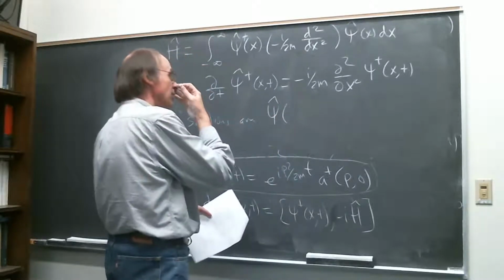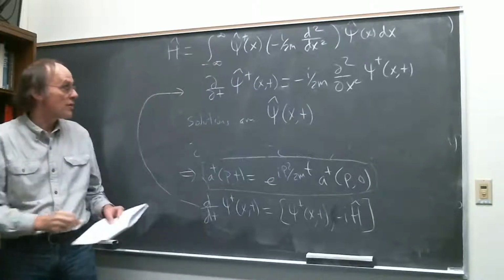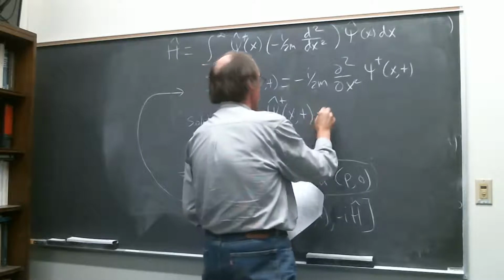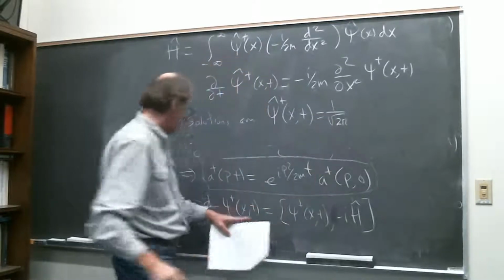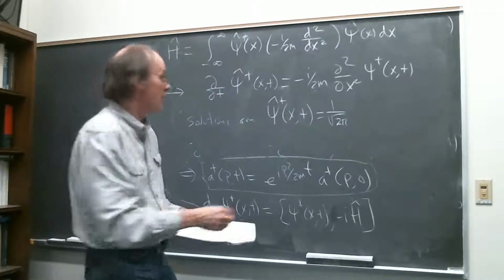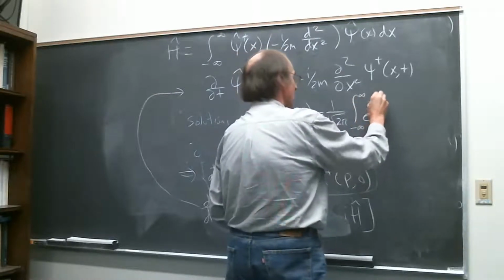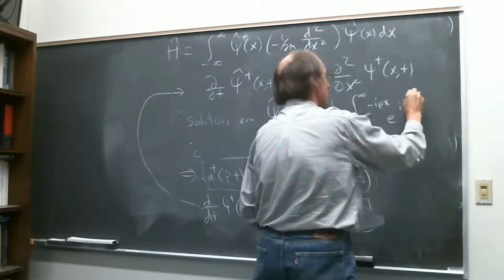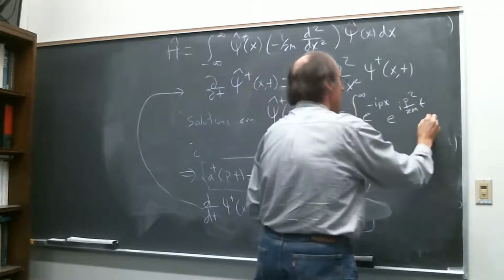well, one way to write the solutions is 1 over the square root of 2 pi, in terms of Fourier transforms of these solutions. So you write them as the integral from minus infinity to infinity of e to the minus i p x, e to the i p squared over 2m t, a dagger of p.